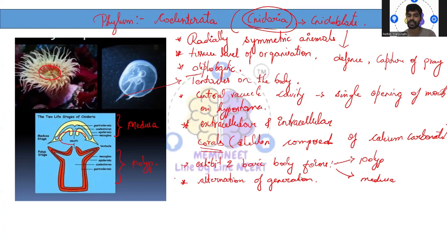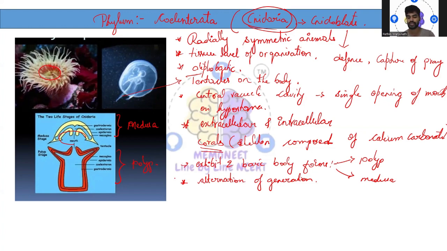See, two kinds of reproductive stages you will see: an asexual stage and a sexual stage. One of the organisms will undergo asexual reproduction, then after that it will undergo sexual reproduction. So this can be seen in plants as well as animals.